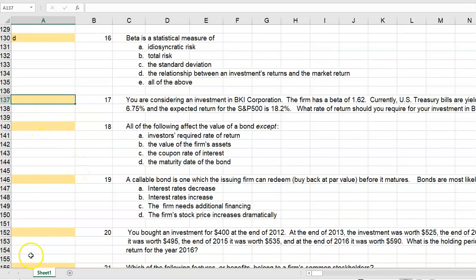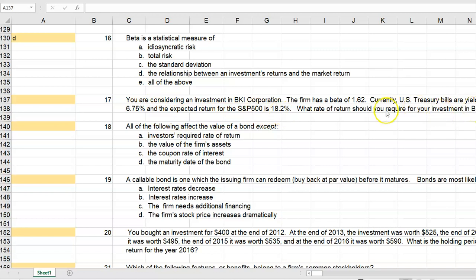All right, what do we got? Okay, we're considering investing in BKI. The firm's got a beta. Oops, looks like a capital asset pricing model problem to me. Treasury bills yielding 6.75 and S&P 500 18.2.